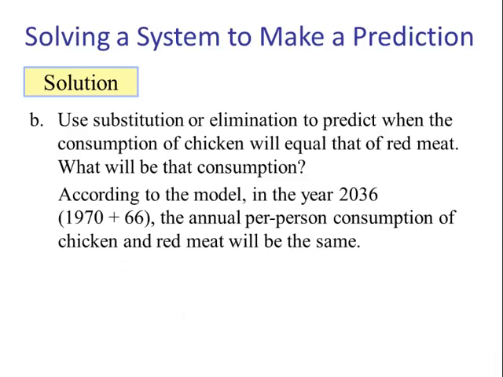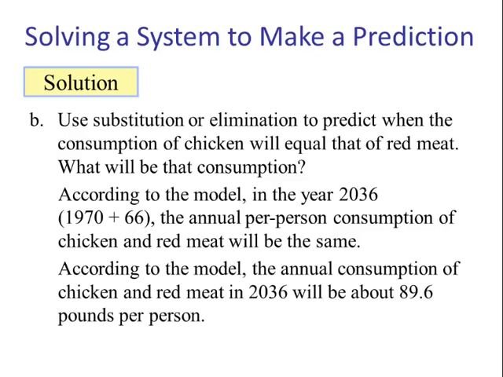According to the model, in the year 2036, that's 1970 plus our t, which we round off to 66, the annual per person consumption of chicken and red meat will be the same. For consumption, according to the model, the annual consumption of chicken and red meat in 2036 will be about 89.6 pounds per person.